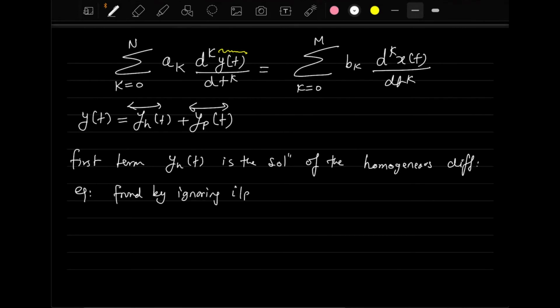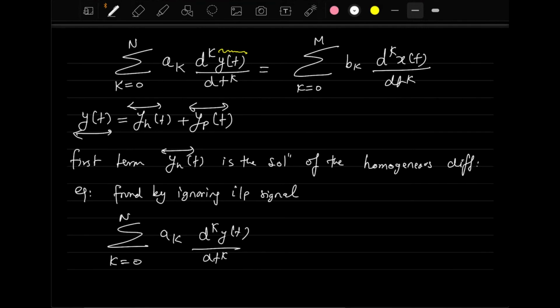the input signal. So in order to find the solution yh(t), which is a part of this complete solution, you have to set the input equal to 0. This solution will be obtained once you do this: the sum of ak dk y(t)/dtk equal to 0.